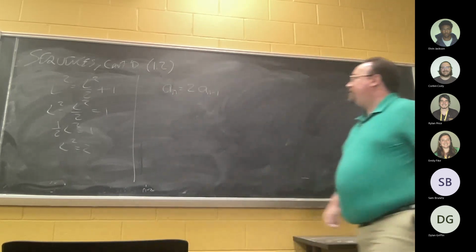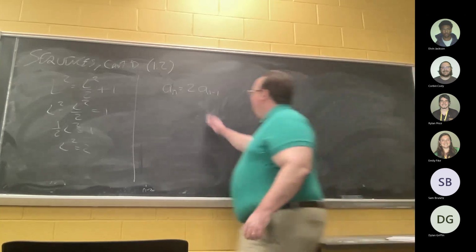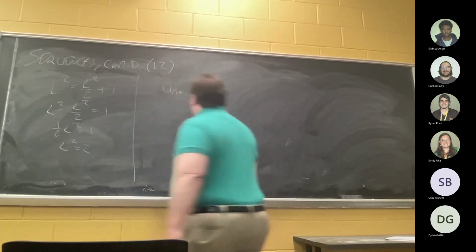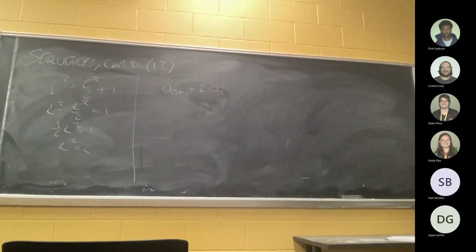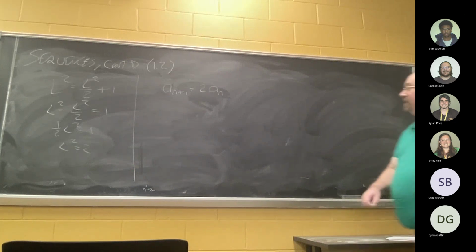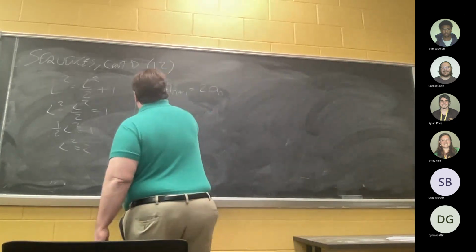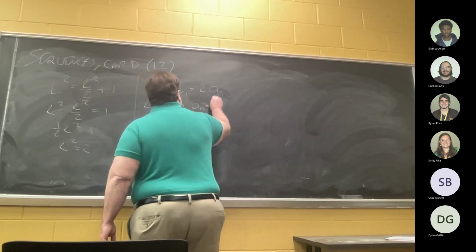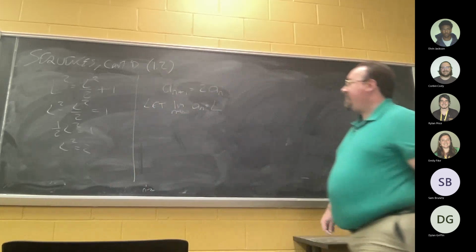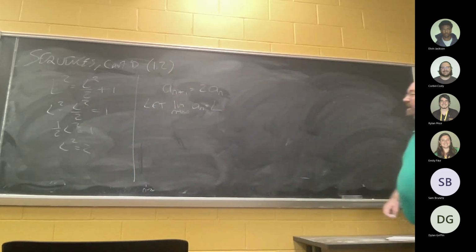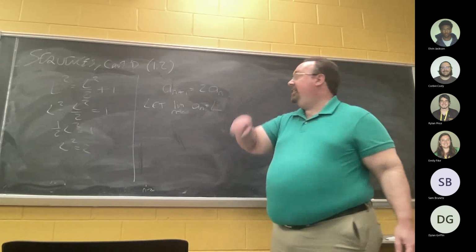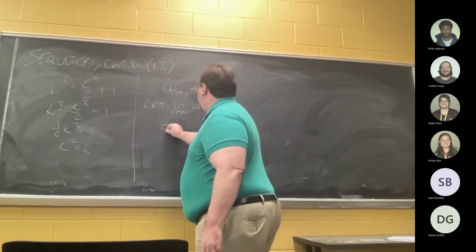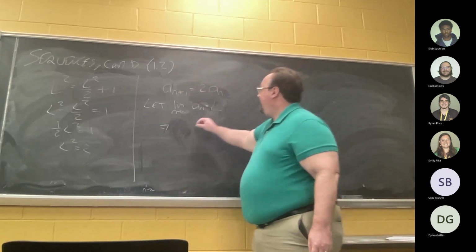Each term, actually, you should write it this way, because you get each term by doubling the previous one. As before, with the limit of a_n equal to L, that means the limit of a_{n+1} is also L. So from that, I take the limit of both sides.